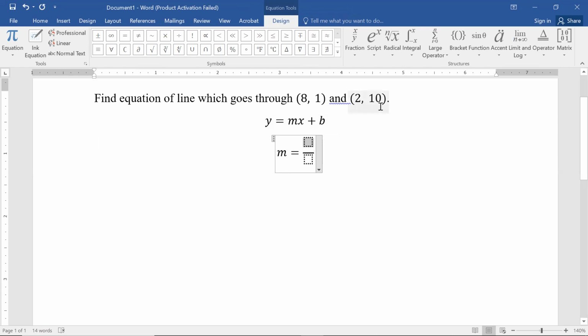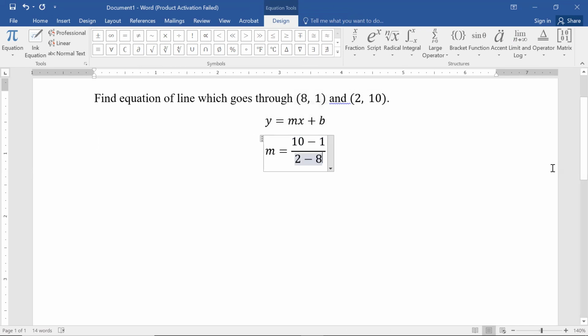Now I'm going to call (2, 10) the second point and (8, 1) the first point. So if I look at the y value of the second point, that's 10. And the y value of the first point is 1. The x value of the second point is 2, minus the x value of the first point, which is 8.